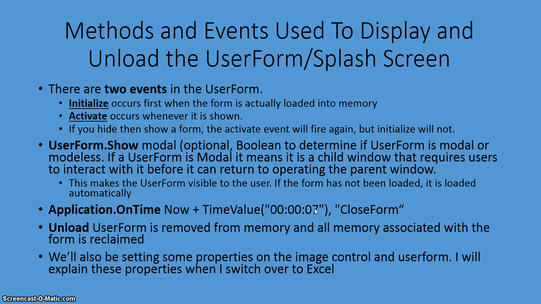So what I'm doing here is once I open up the workbook, I'm going to have this splash screen open for a period of 7 seconds. Once the 7 seconds has elapsed, I will execute this subroutine called close form.